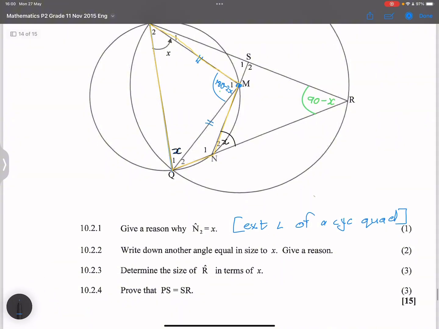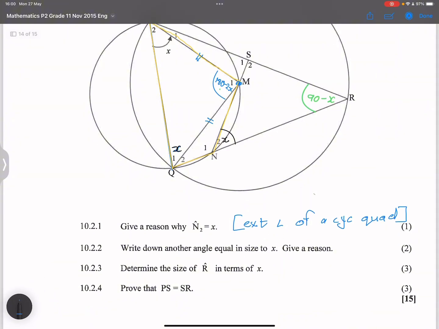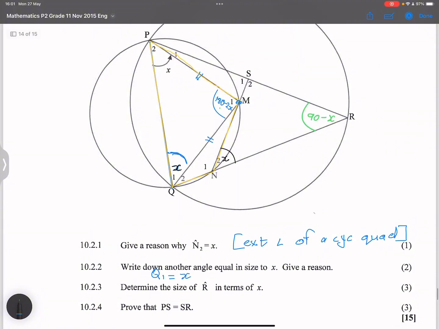Now they say to you, write down another angle equal to x and give a reason. We've already found it. We said this one here is equal to x, Q1. So for 10.2.1, Q1 is equal to P2.